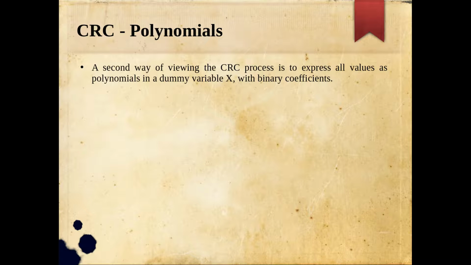So we assume that our original message of k bits, the frame check sequence, that is the reminder, the special pattern, everything we are going to view as a CRC polynomial, that is a function of variable x, some dummy variable you assume, and make it a polynomial with binary coefficients.